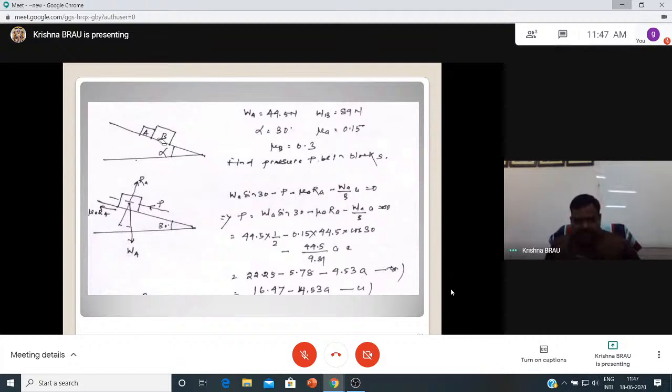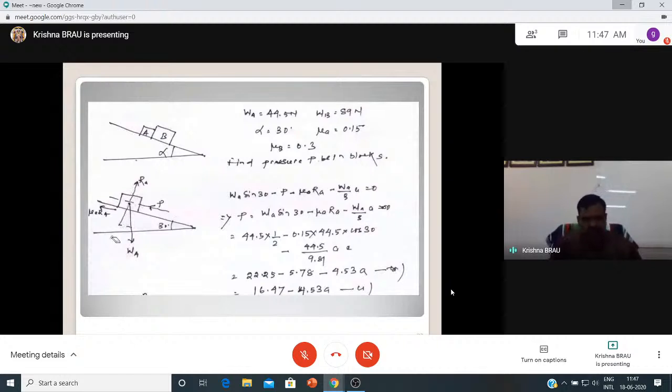Find the pressure P between the blocks, that is the reaction between the blocks. Okay, now if you can see the free body diagram here, this is the reaction force, this is the tangential force, this is WA resolved in this direction, this is WA sin alpha, WA cos alpha.